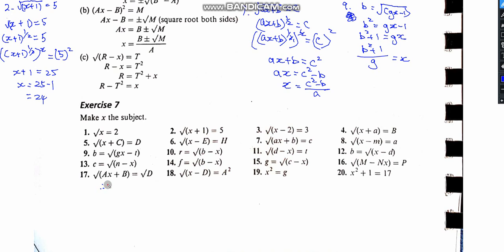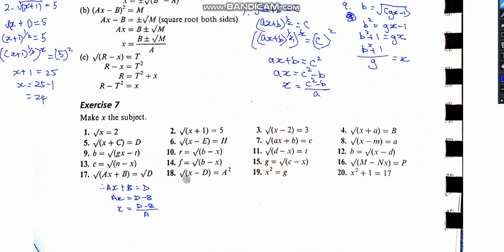Therefore, ax plus b must equal d. So ax equal to d minus b. Now again the same thing: d minus b, I'm going to bring the a to the other side as the denominator. You see?